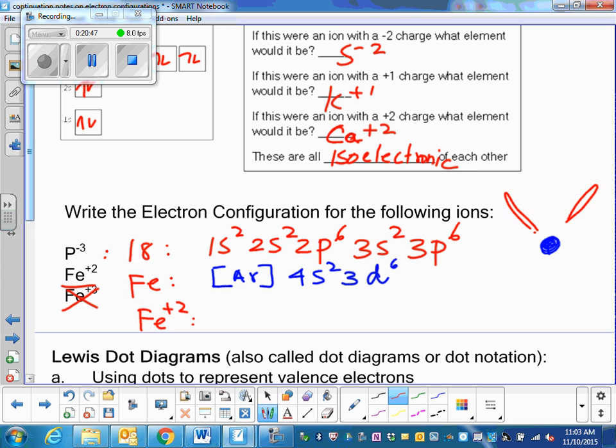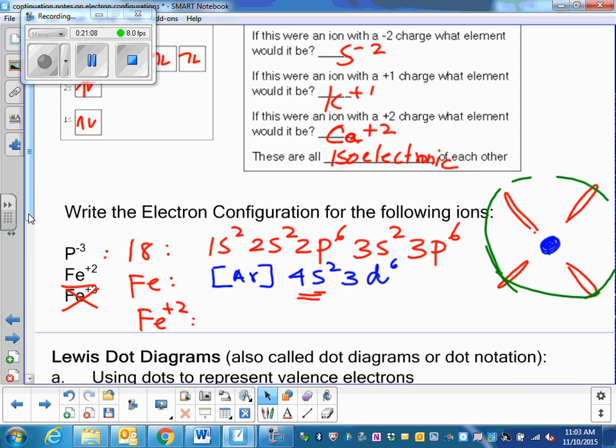Is that right? Yes or no? This is the region where the electron is a wave and it's spinning around. That's the probable location. Is that right? If you look at 4s, 4s is a circular orbital. And it kind of spreads out.